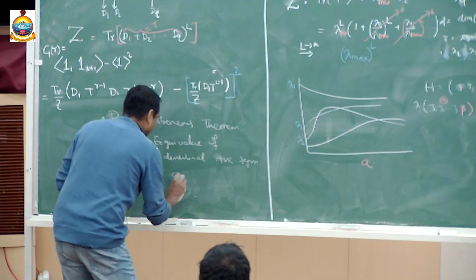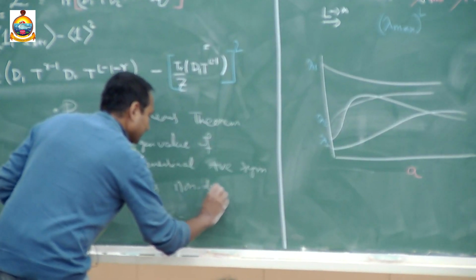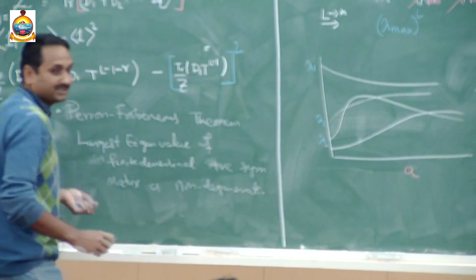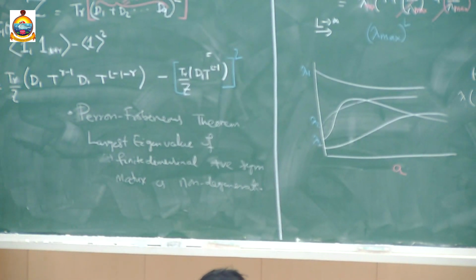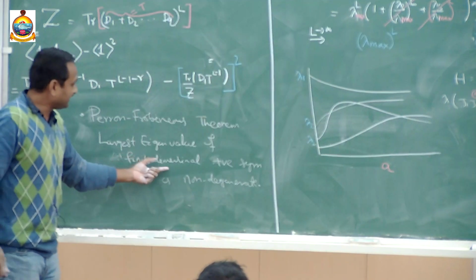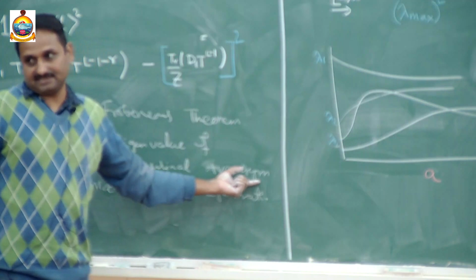I'm skipping some details. This is a very important theorem, and I will explain why. What it says is that if all elements of a matrix are positive, and the matrix is finite dimensional and symmetric, then the largest eigenvalue is non-degenerate.